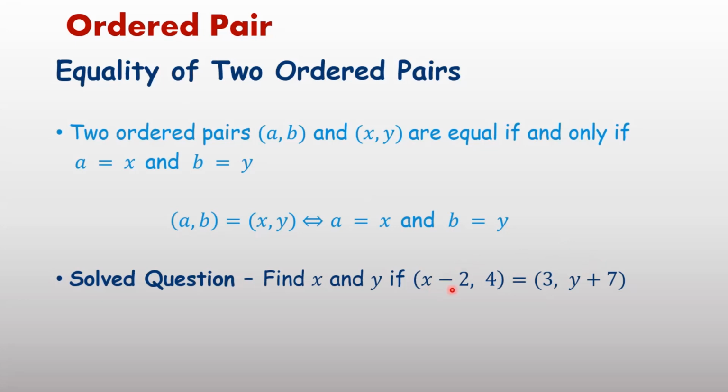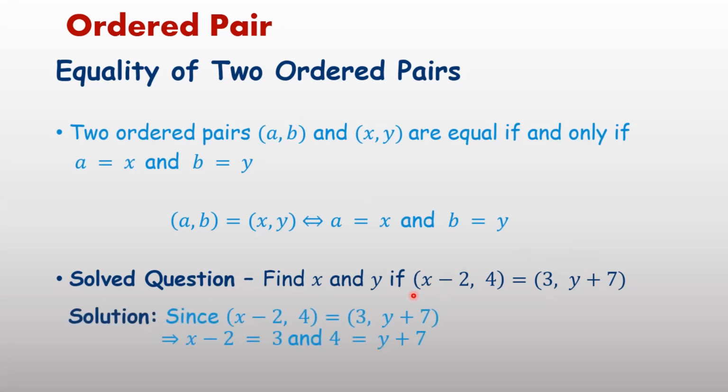Here the first component is x minus 2. It implies x minus 2 equals 3 and 4 equals y plus 7. If x minus 2 equals 3, it implies x equals 5 and y equals minus 3. In this pattern, if any question is given based on equality of two ordered pairs, we can easily solve it and find the value of x and y, or whatever is asked.